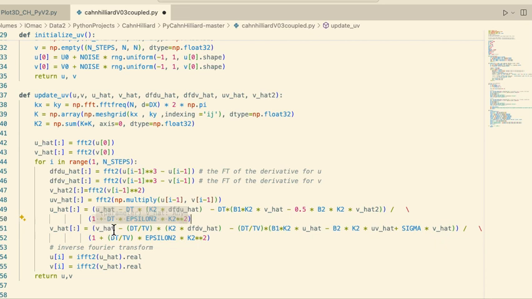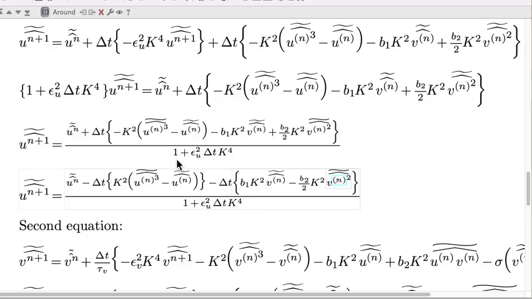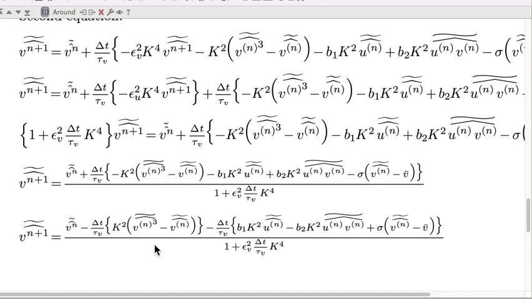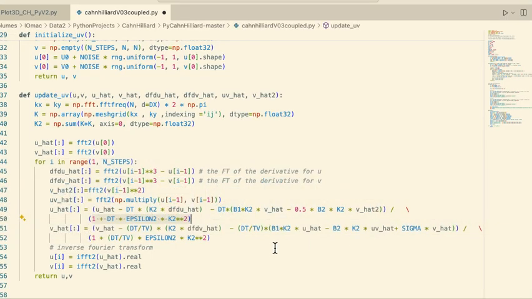This is the lower part: 1 plus dt epsilon squared k to the fourth, this one here. And we have a similar expression for b, but it's going to be a little bit more complicated because it involves this term with the sigma there. So the sigma is going to appear right there, sigma b hat.